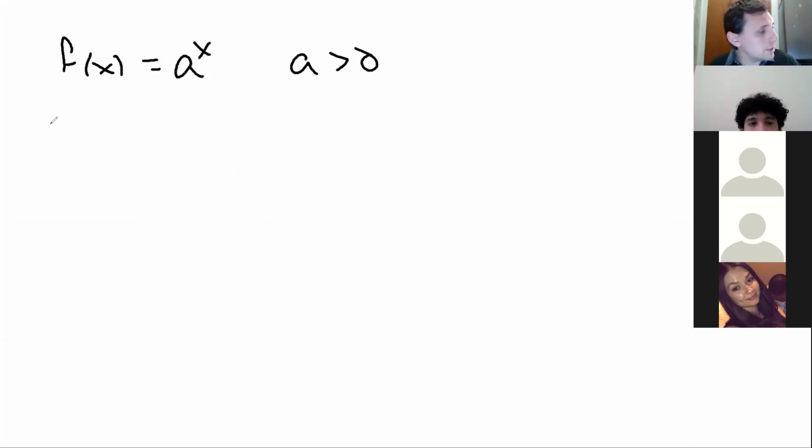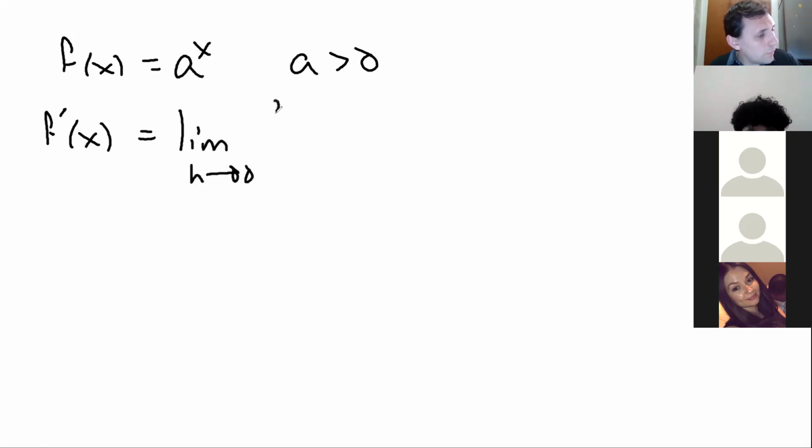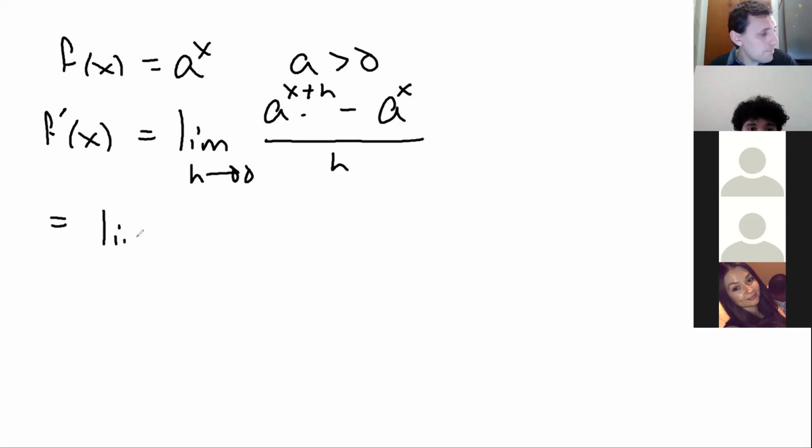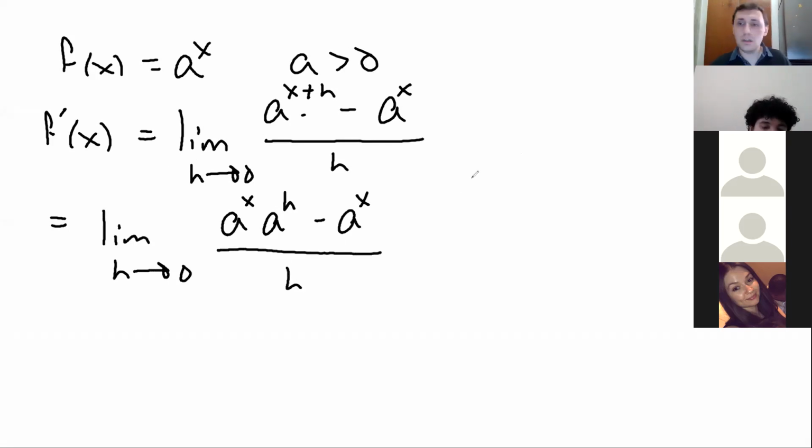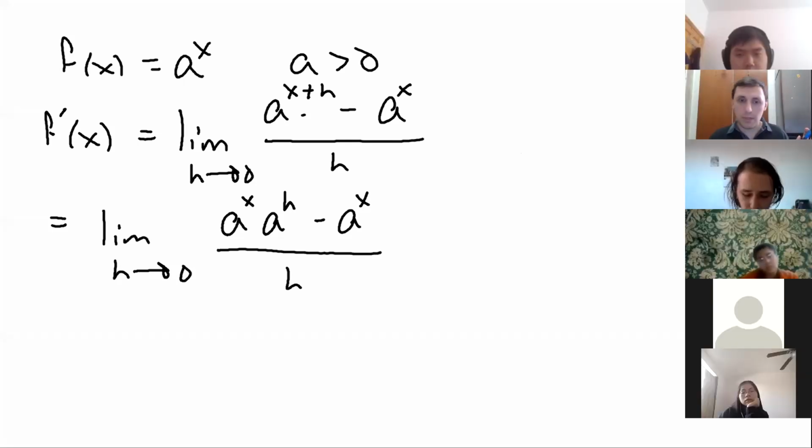So what you have is I take the derivative of this function at some point x, and that's limit as h goes to 0 of a to the x plus h minus a to the x divided by h. Then my next step was to break it apart. So it's limit as h goes to 0 of a to the x times a to the h minus a to the x divided by h. Good? This step, everybody is with me. Yes, guys? Are you with me?